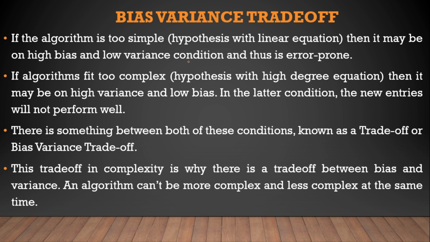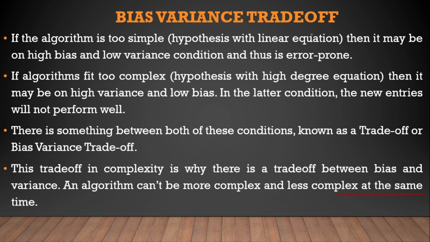In the latter condition, the new entries will not perform well. This is called the bias-variance trade-off. The trade-off in complexity is why there is a trade-off between bias and variance: an algorithm cannot be more complex and less complex at the same time.